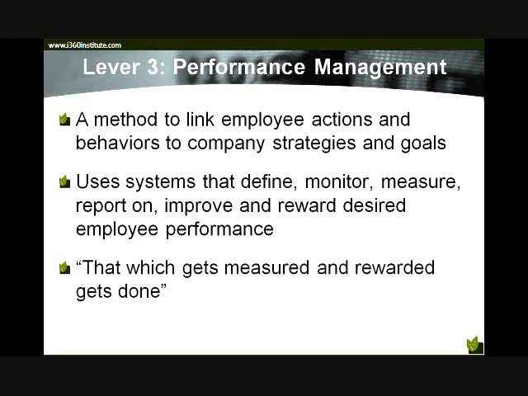And keep in mind, everything with regards to performance measurement can be summed up in this one quote: that which gets measured and that which gets rewarded gets done. We know this to be a fact because we are also responsive to those measurement systems that are important to the business. Measurement systems that monitor the key indicators of the business also create pain for us, and that pain forces us to act.